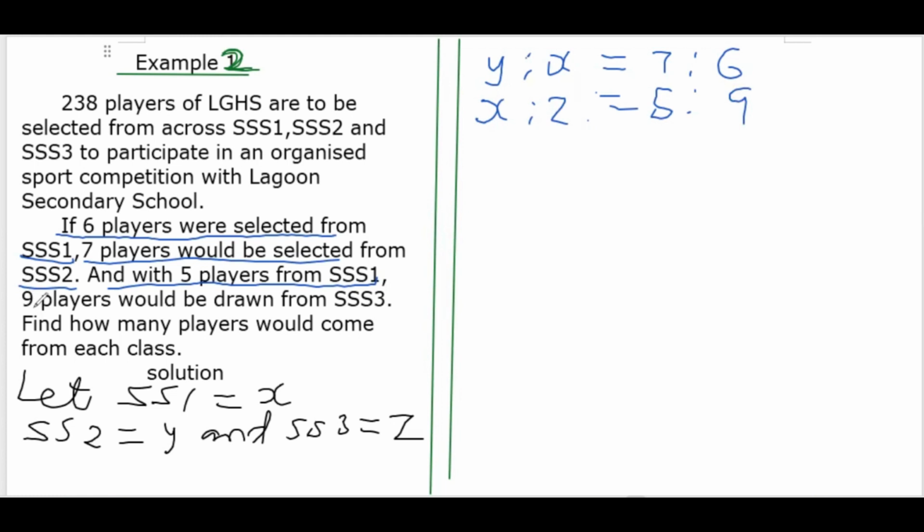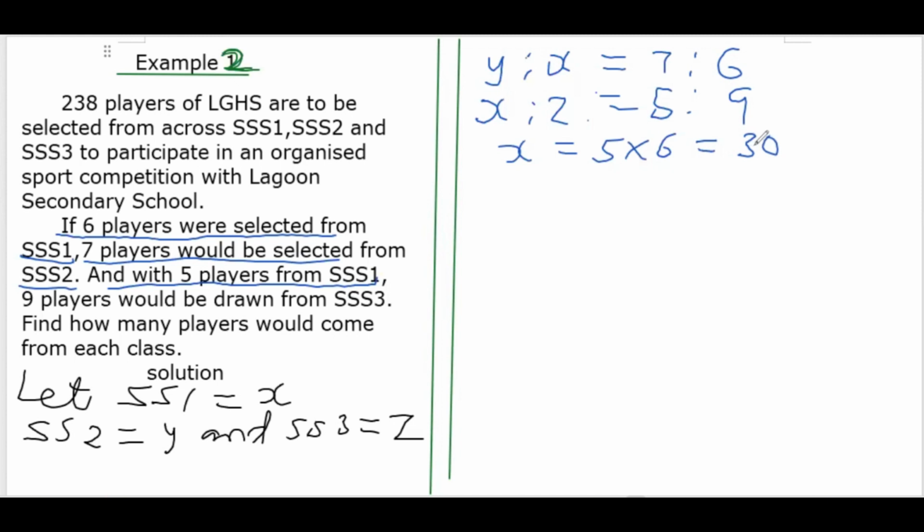If we standardize the middle ratio, the value of X will simply be 5 times 6, which is 30. If the value of X is 30, and we have 6 here, that means X was originally 30 before it was reduced to 6.